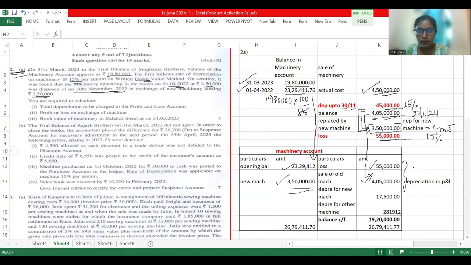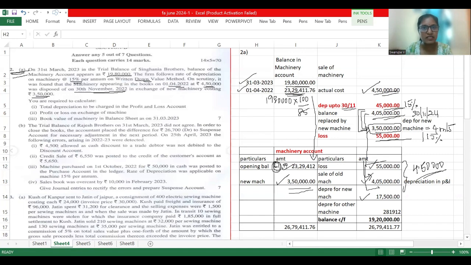So if you add both of this, you will get 4,50,000, which is the cost or the opening balance, which is here included in this. So we are just crediting that in this model. Then depreciation for the new machinery that is calculated over here. We bring that also. Then 23 lakhs is a total quantum of machinery, out of which 4,50,000 is sold.